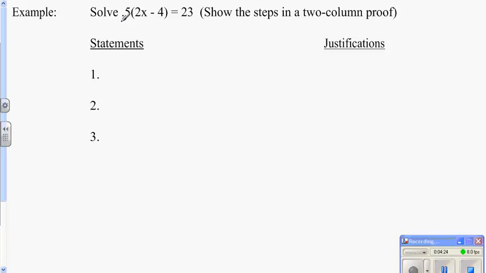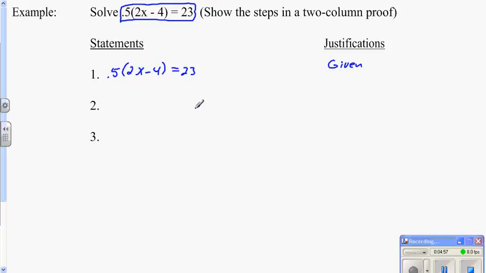So here's an equation. We want to show the steps. Alright, so first step is, if you remember two-column proofs, we have to start somewhere, and that's going to be the given. And we say it was given to us. Always start with the given. Next, well, if we distribute the 0.5, that's one way to do it.